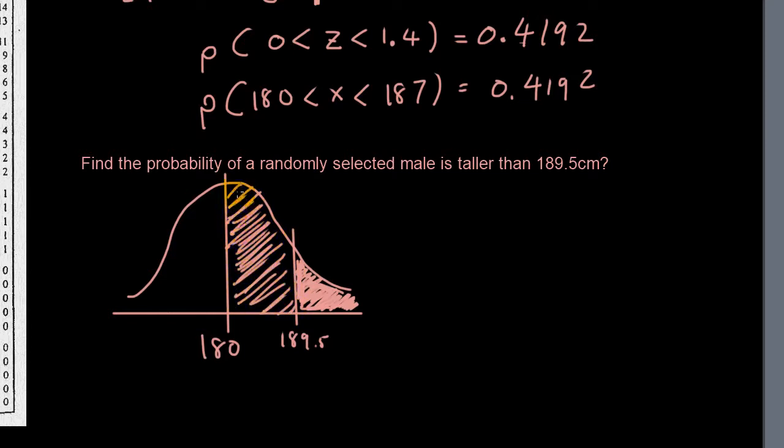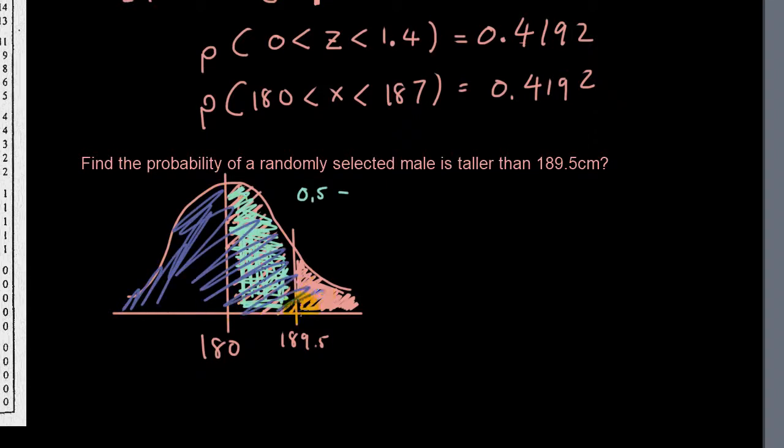So we're basically going to find this probability that I'm going to highlight in green again. So we're going to find this probability, and then we're simply going to go 0.5 minus this probability. Why is that? Because this whole area under the curve has a probability of 1, because that is 100% of the population, so the probability is 1.